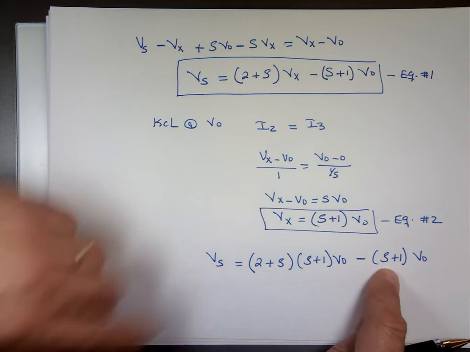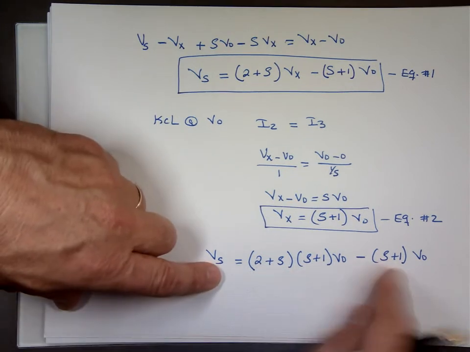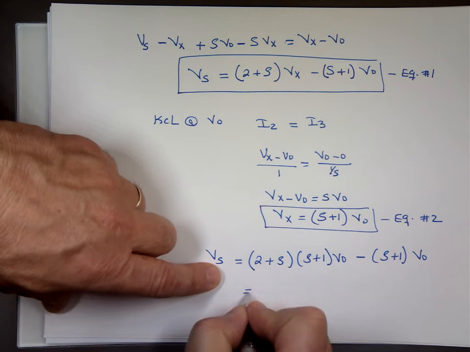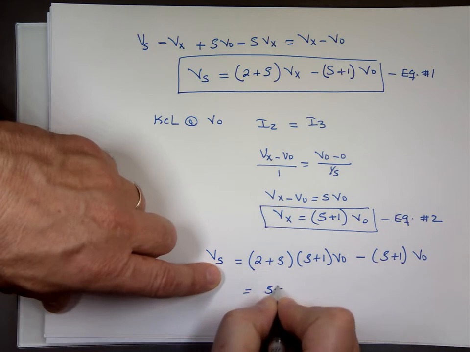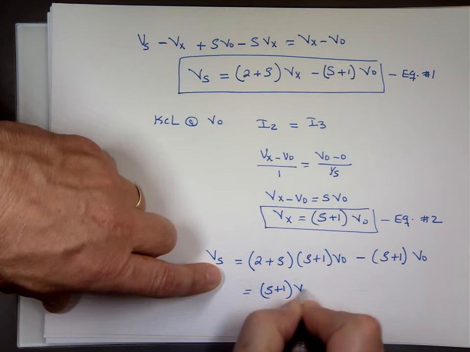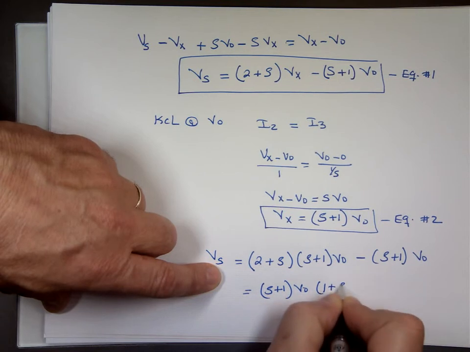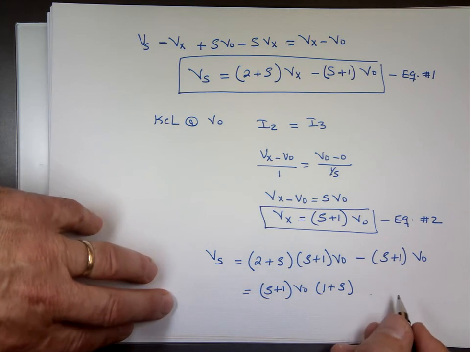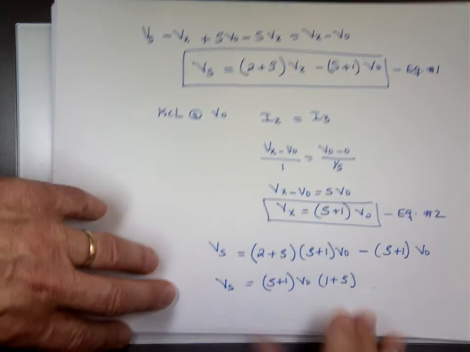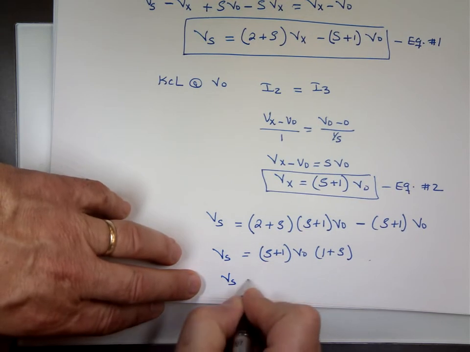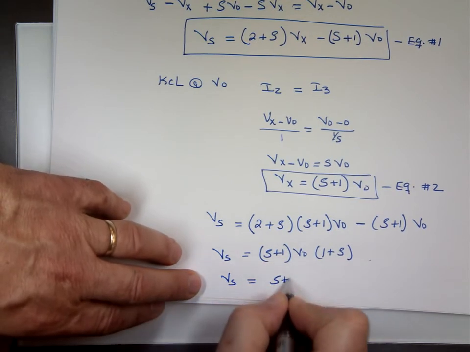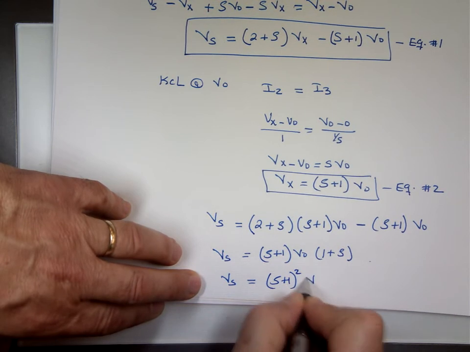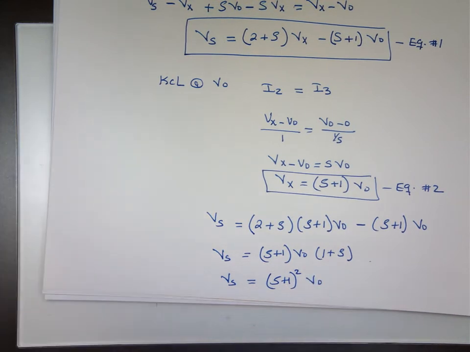If you factor S plus 1 V out of each one, 2 plus S minus 1, which will be what? 1 plus S. 2 plus S minus the 1 is 1 plus S, right? So Vs equals S plus 1 squared times V out. Is that what you got? S plus 1 squared, yep. Yeah, that's right.